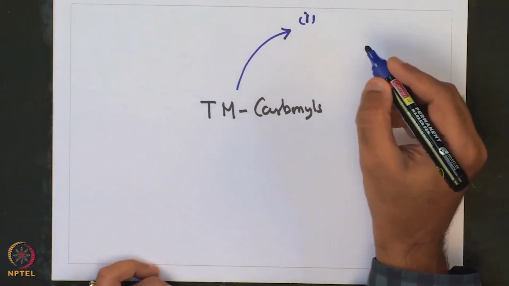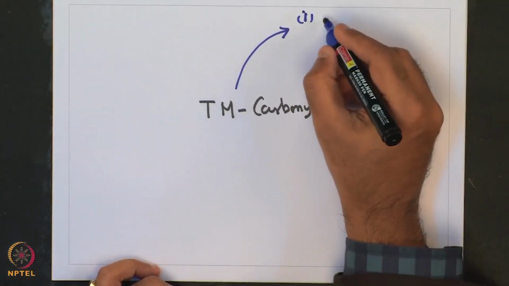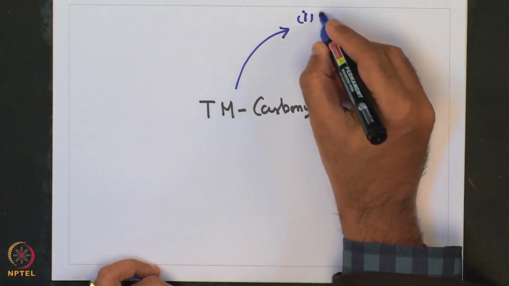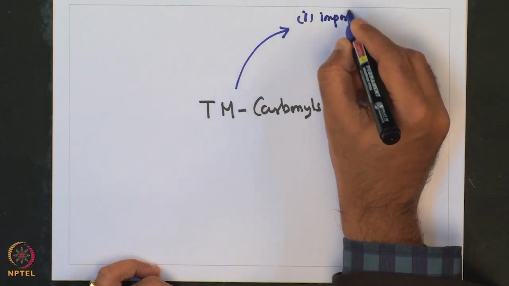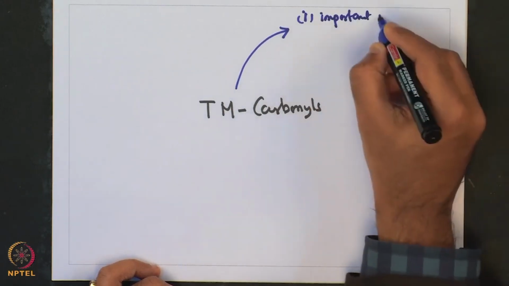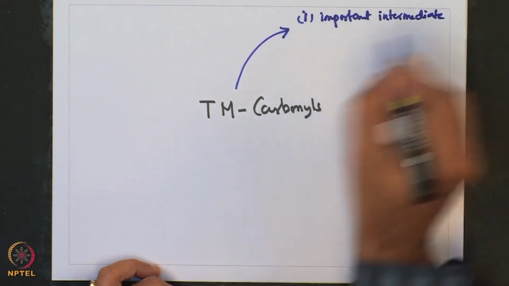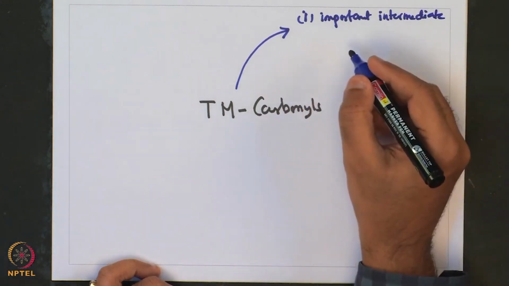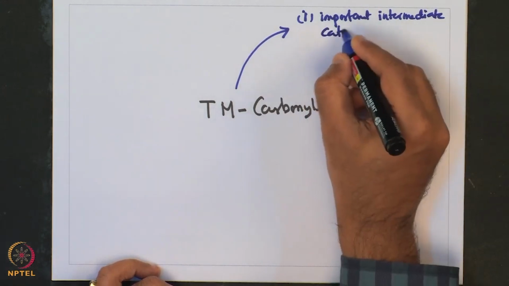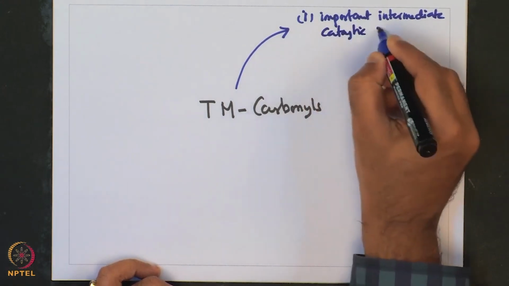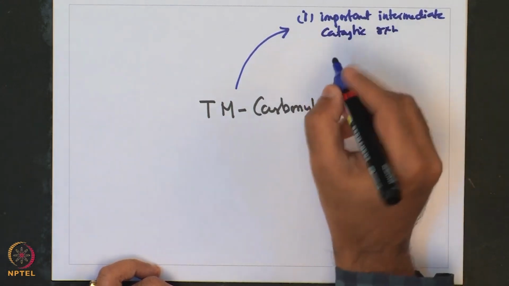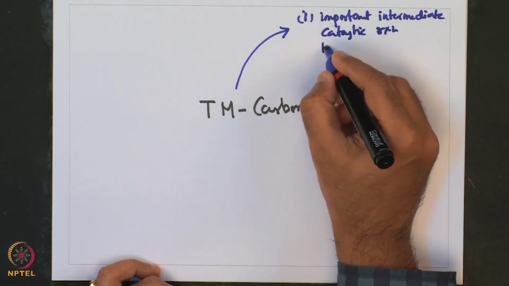as these transition metal carbonyl compounds are important intermediates in several catalytic reactions. For example, the hydroformylation reaction.